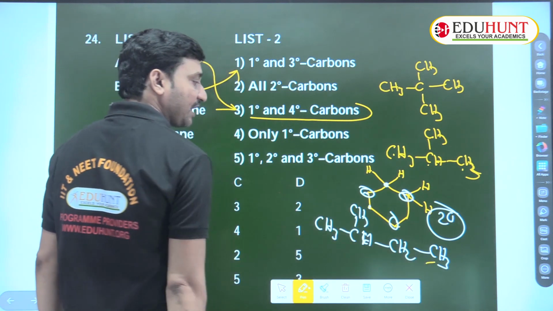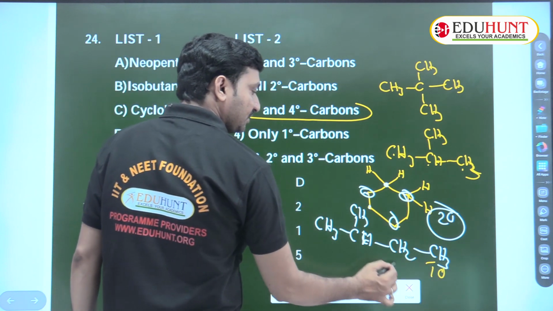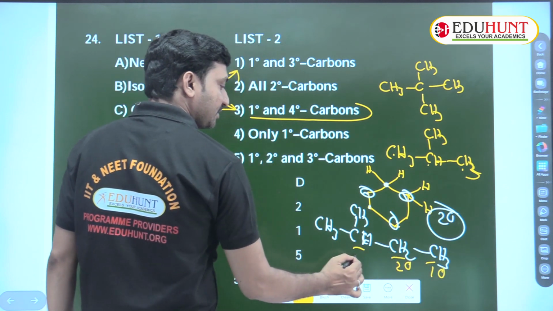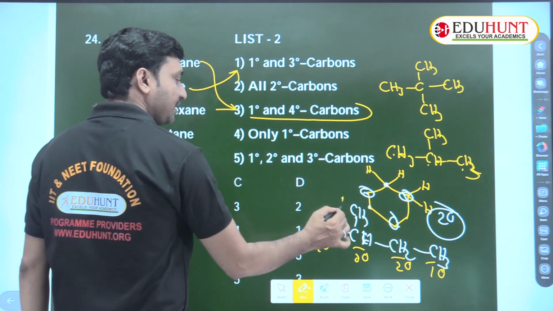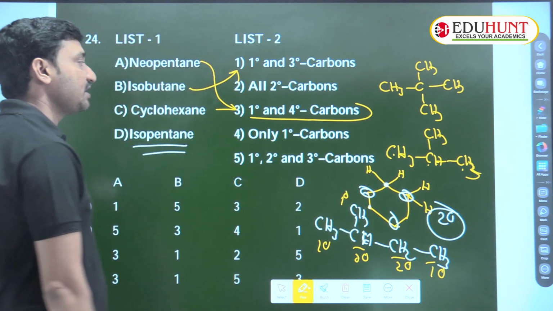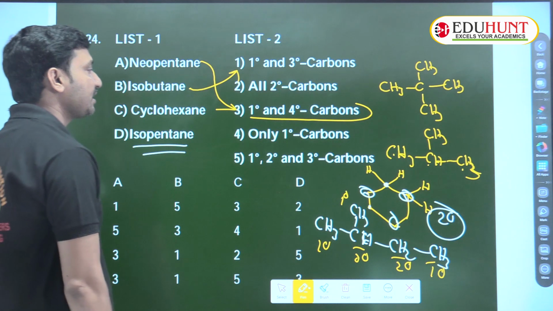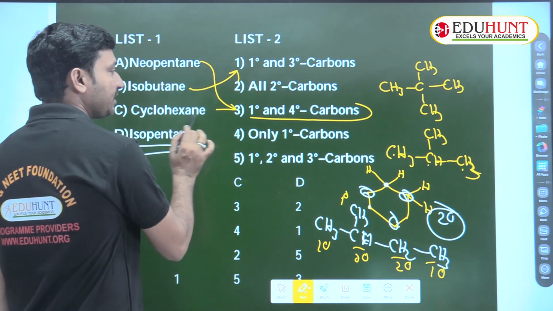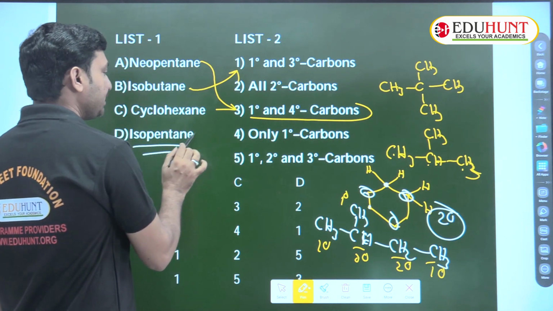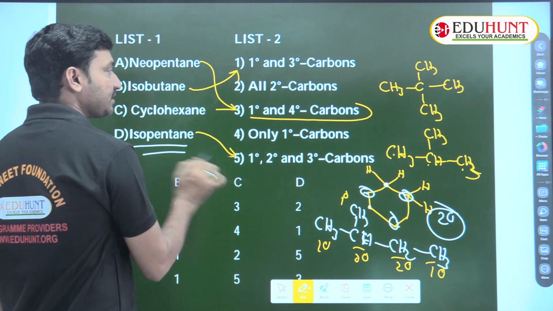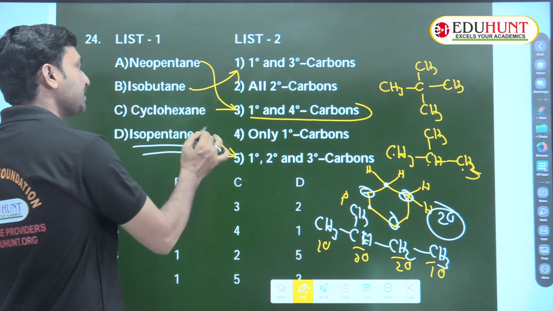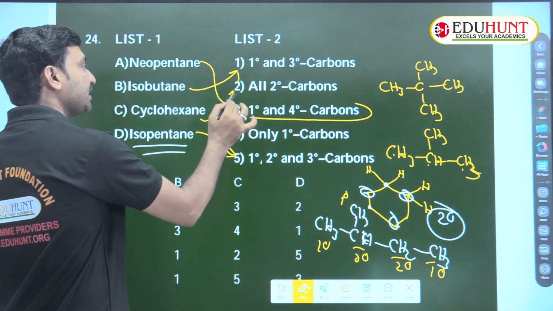This is primary, right? This is secondary. This is tertiary. This one primary, primary. So primary carbon is there, secondary carbon is there, tertiary carbon is there. In isopentane, primary, secondary, tertiary carbon atoms are there. In cyclohexane, all secondary carbon atoms.